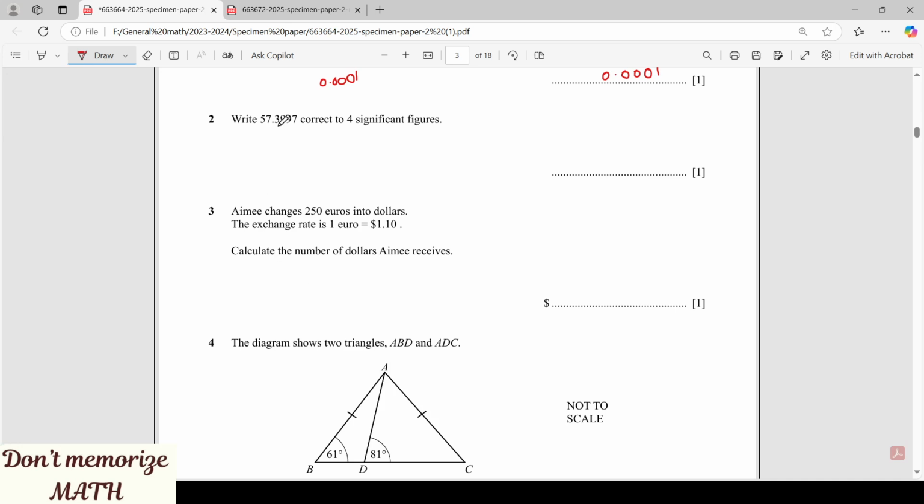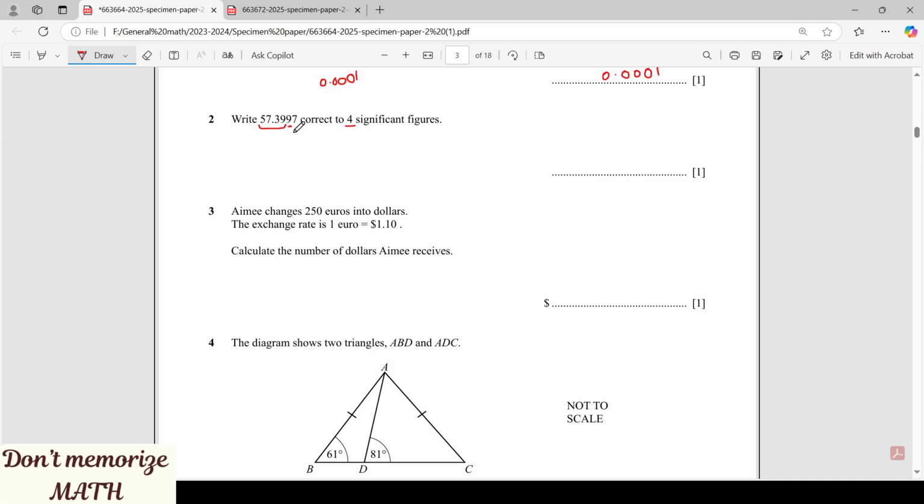Write 57.3997 correct to 4 significant figures. 4 significant figures, maybe you already finished significant figures. Here 4 significant figures means we need just 4 numbers. When you write these 4 numbers, we have to round. So you can just check the very next number.